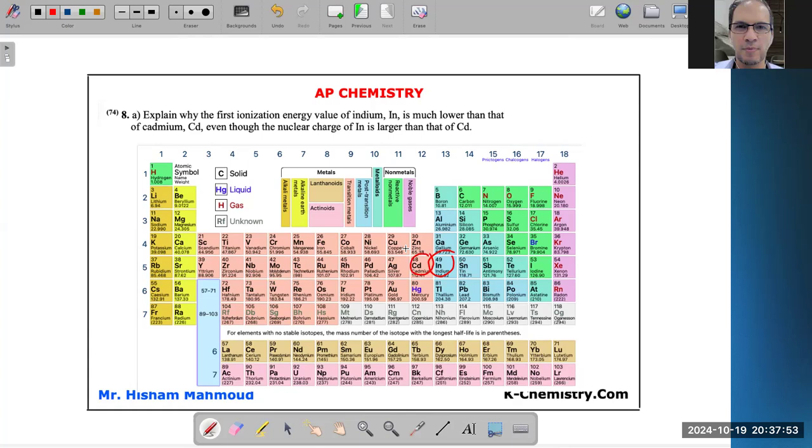It says the ionization energy of indium is lower than that of cadmium, although when you go to the right the ionization energy increases. Why is that?